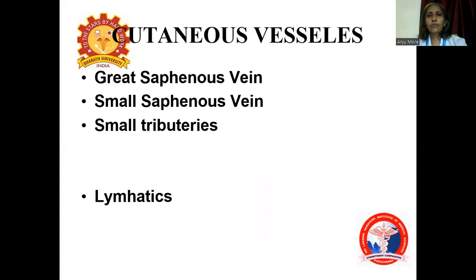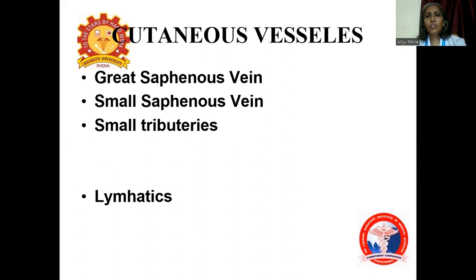Now the vessels which are in the posterior compartment of leg. We need to understand here that the posterior compartment, or for that matter for any compartment, the cutaneous vessels and the nerves will lie in the superficial fascia. That is, they will lie over the deep fascia just beneath the skin.